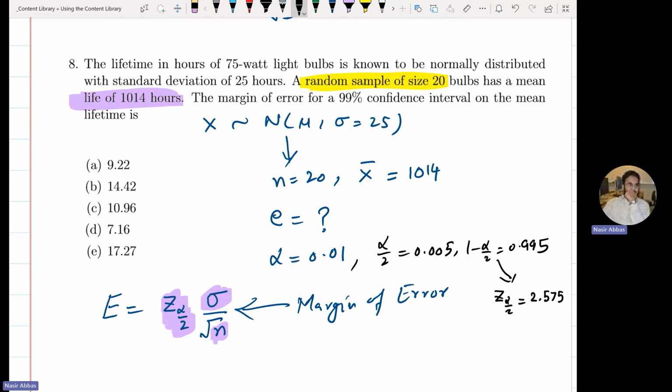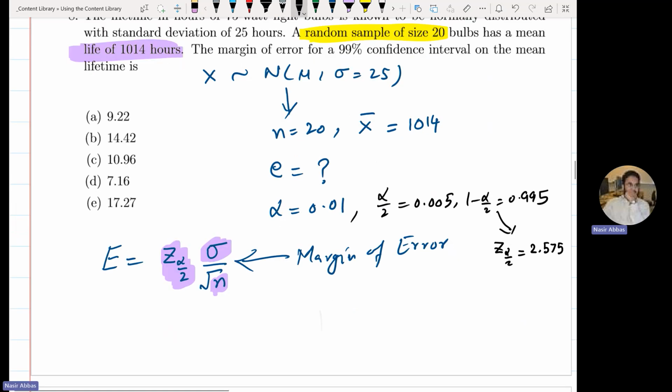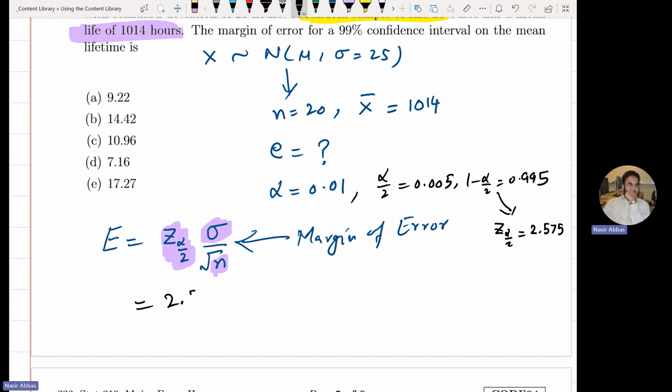Now in exam, if you take 2.58, it's okay. 2.57, it's okay. So margin of error will be 2.575 multiplied by sigma, 25, divided by square root of n, which was 20. So this should be 14 point something.